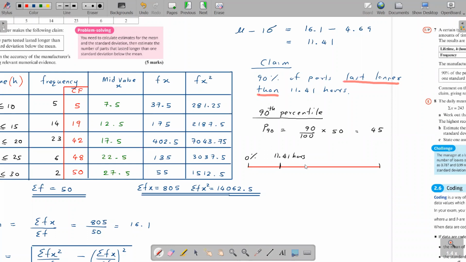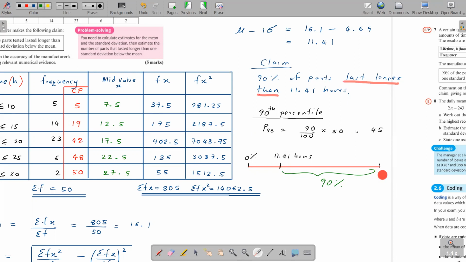So he says that 90% of the parts are lasting more than this. Can you see? So his claim is that this percentage is 90%. Can you understand? So if this is the lifetime, he says that 90% of the parts have a lifetime of more than this amount.